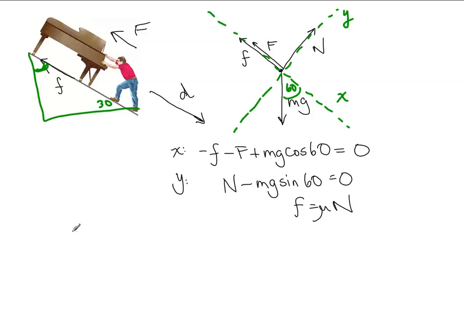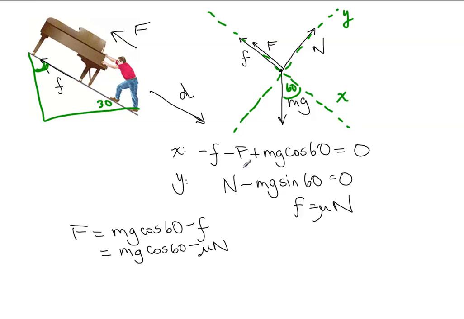Well, from here I can see that big F is equal to mg cosine 60 minus the friction, just by moving things around. And I know that friction is equal to mu n, so that's mg cosine 60 minus mu n.